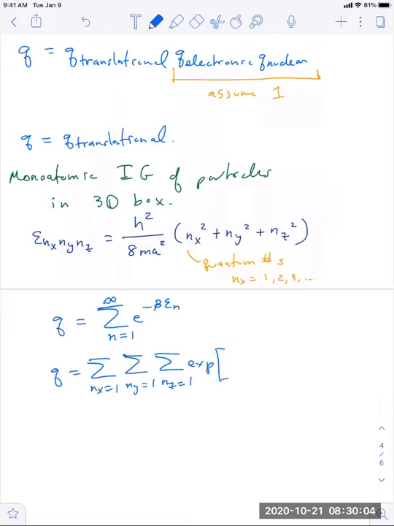And now expanding what we just wrote out for the energy. So that's beta times h squared over 8 times the mass times the length of the box squared, and then a squared term for each position. And then each of these sums goes to infinity.